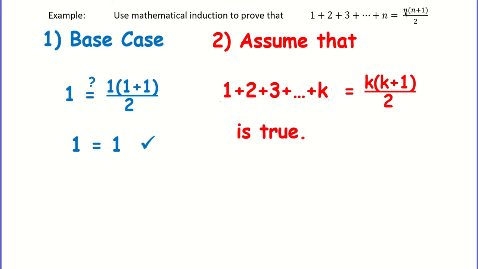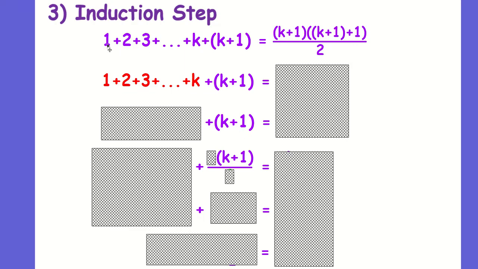So it's K plus 1, and then K plus 1 plus 1, all over 2. So on the left side, we're going all the way to K plus 1, and n equals K plus 1. And on the right side, n equals K plus 1. So as long as we can now show that the left side and the right side are equal, we got it. Like proof over. All right?